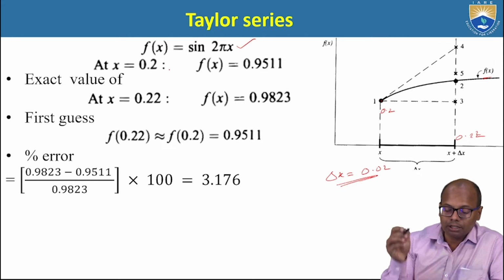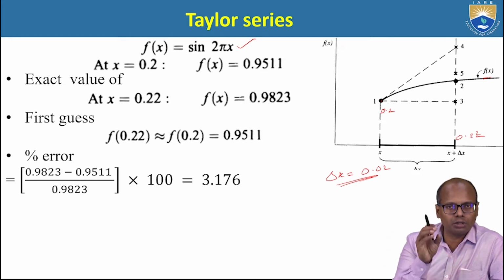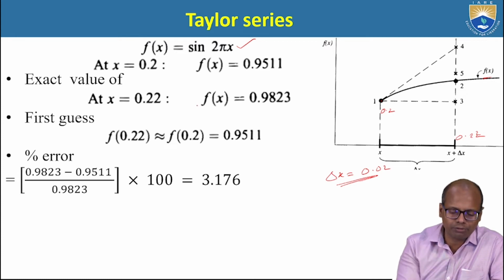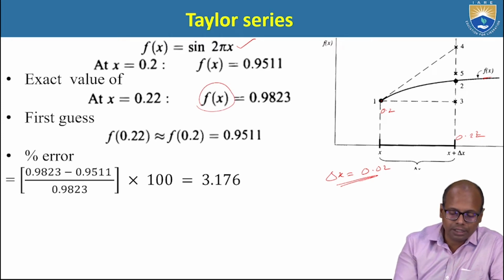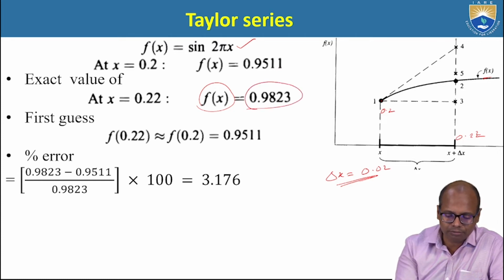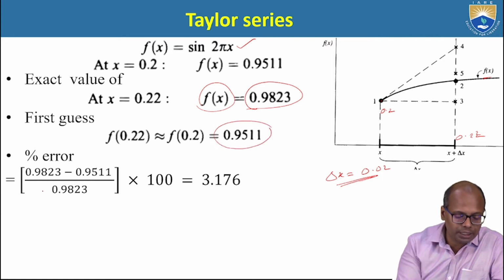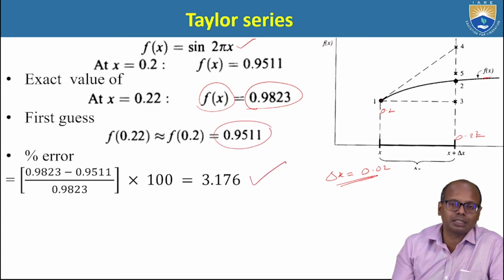Now if I consider only the first term in the Taylor series, then f of x plus delta x is equal to f of x. The exact value is this, but f of x is this. So the error is 3%. There is a lot of error.